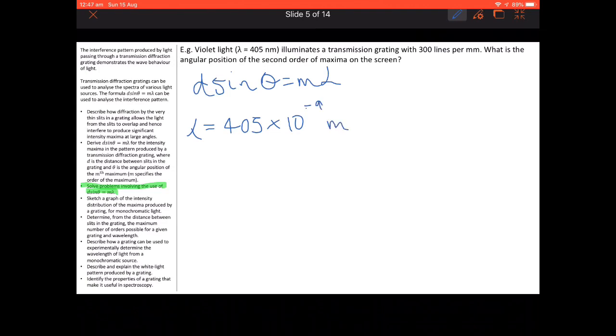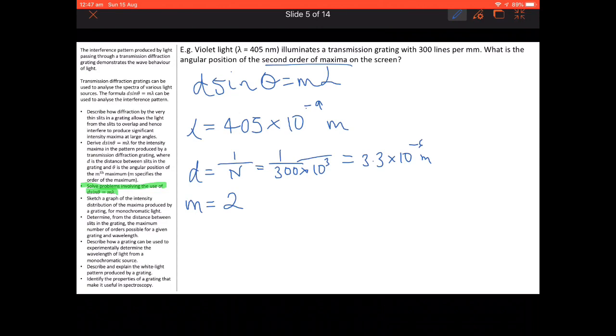We know that d is going to be equal to 1 on N, which is equal to 1 on 300 by 10 to the 3 lines per metre, and that is equal to 3.3 by 10 to the negative 6 metres, and we know that m must be equal to 2 because we're looking for the second order of maxima on the screen.